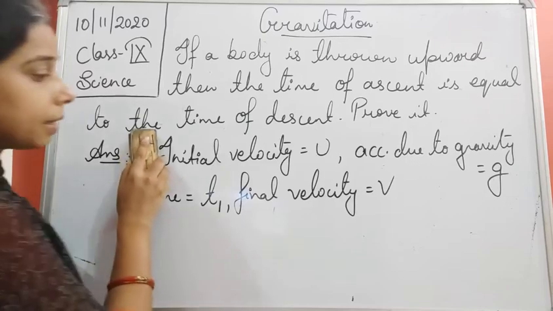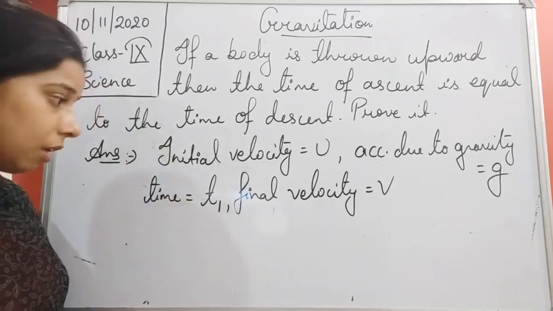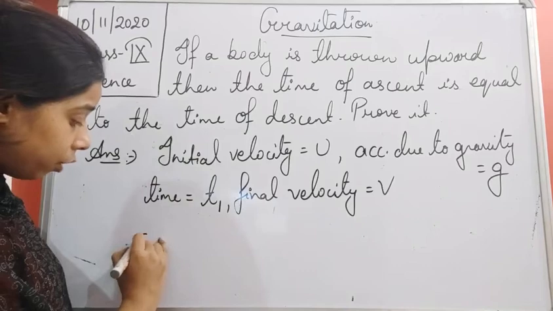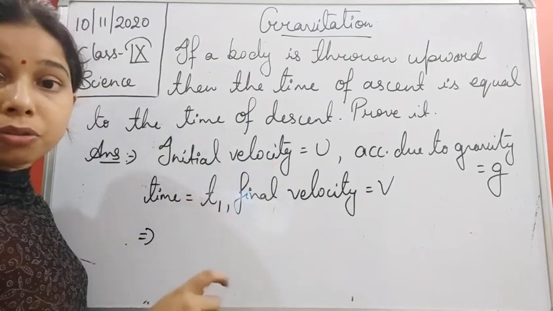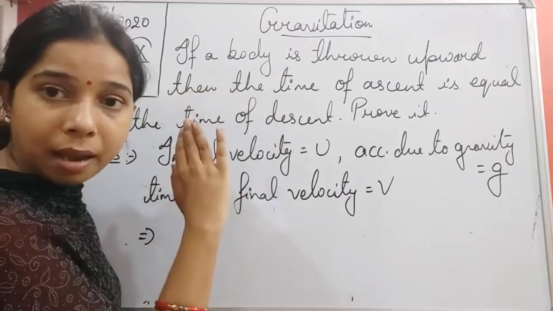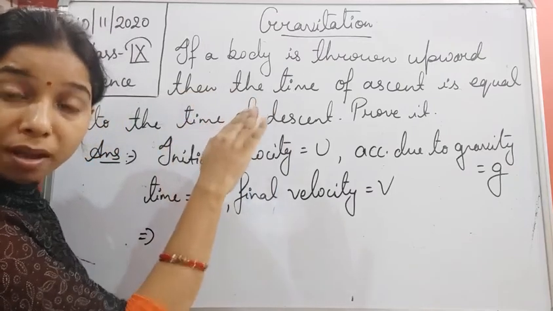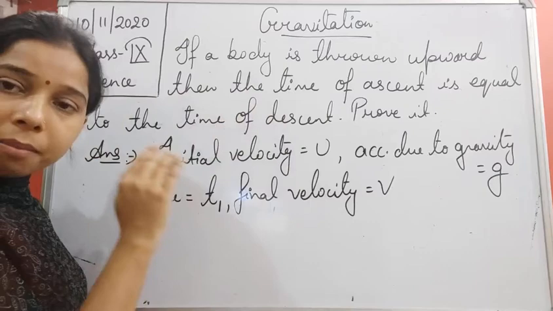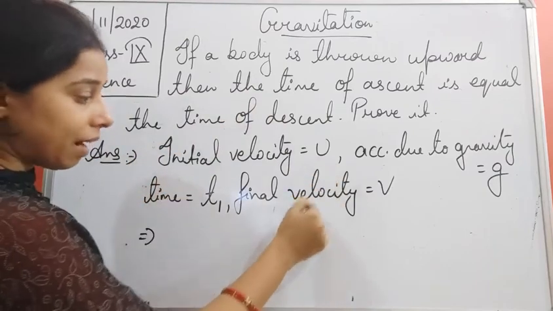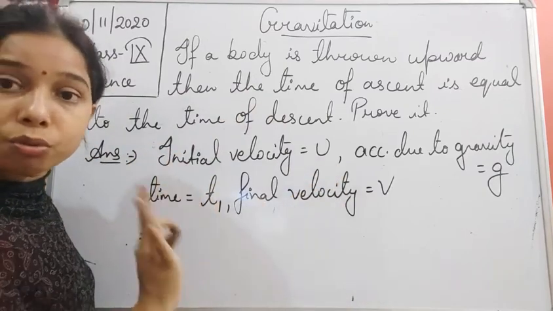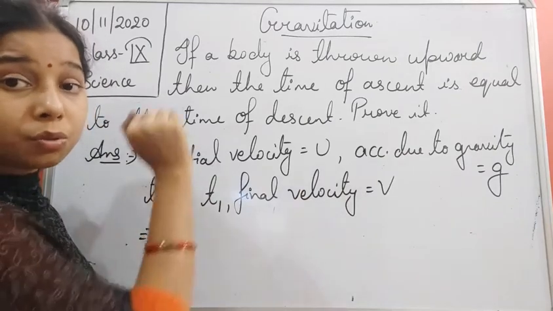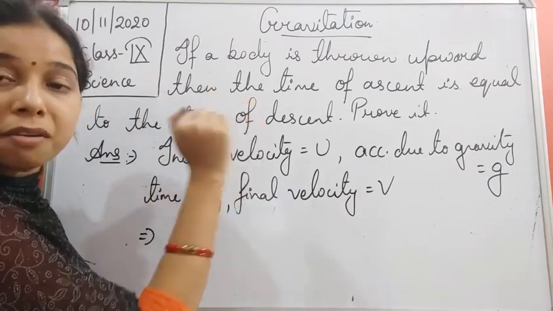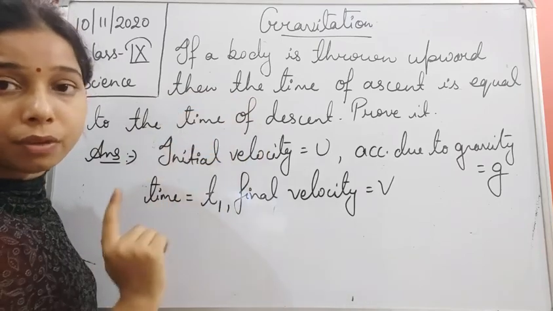So basically, when you throw the ball in the upward direction, it reaches the maximum height and there it stops. So at the maximum height, the final velocity will be equal to 0. It has some initial velocity, but when it reaches the maximum height, the final velocity will be 0.